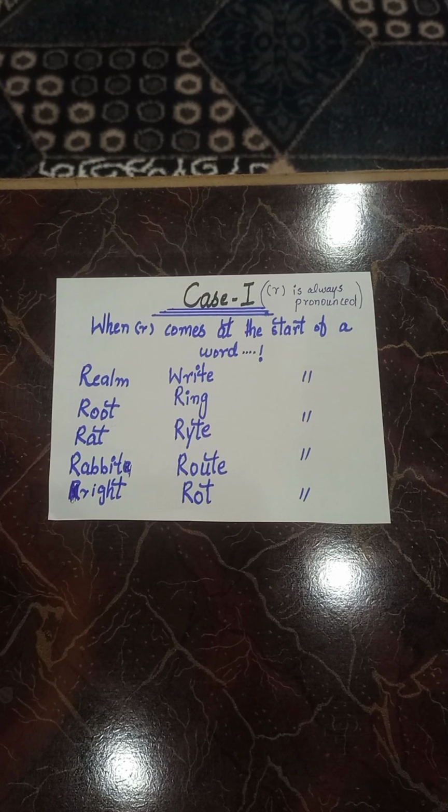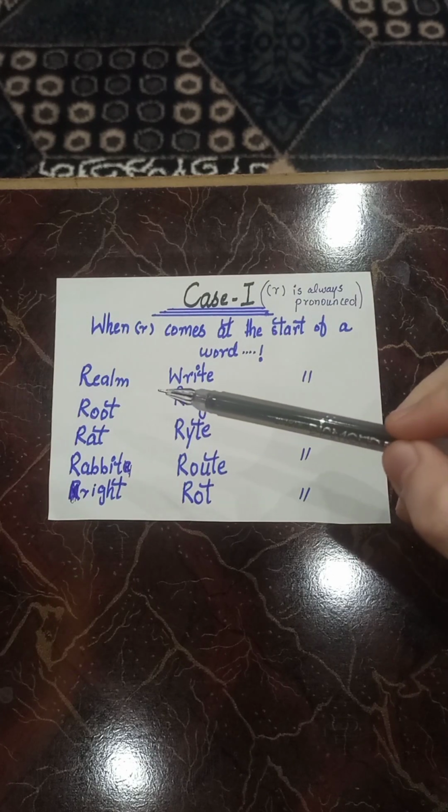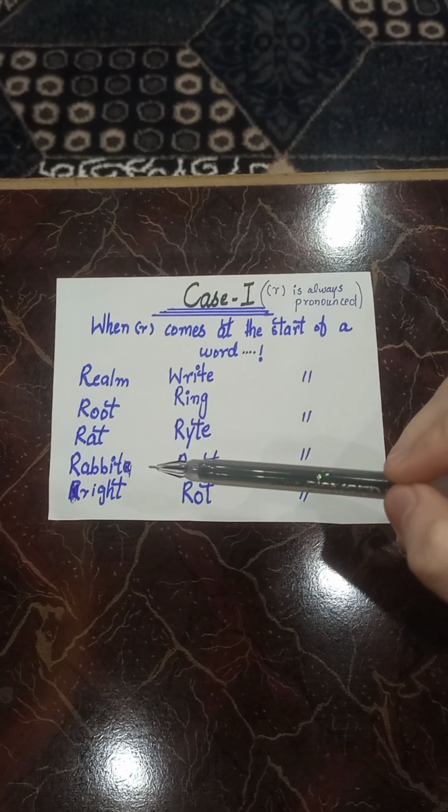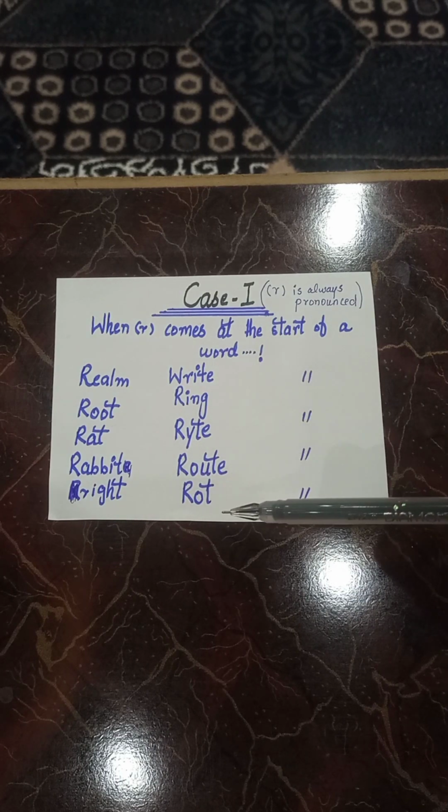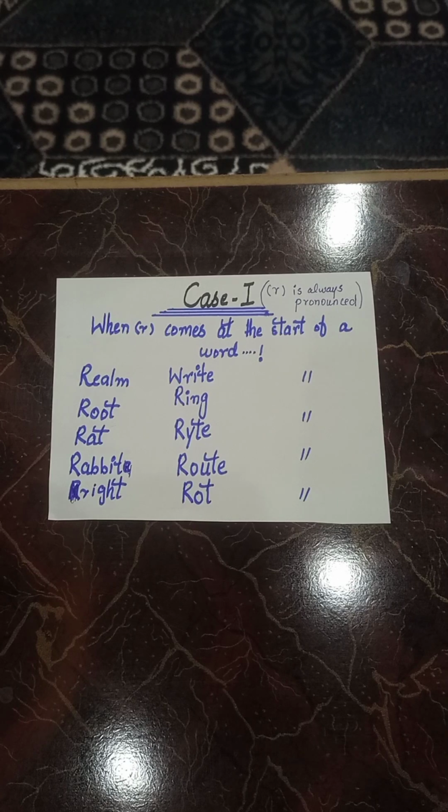And the reason is that, okay, I'm gonna tell you a short trick. Short trick is that whenever R is followed by a vowel, A, E, I, O, U, or Y, you will have to pronounce R, okay? So here we go. Realm, rude, rat, rabbit, right, ring, right, root, rot. So in all these cases, R is followed by a vowel, so we will have to pronounce R.